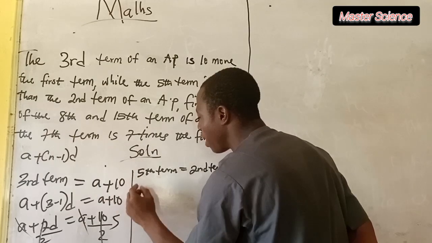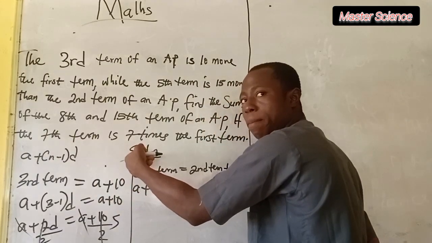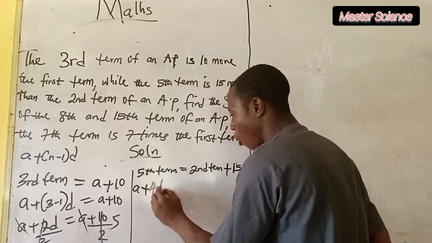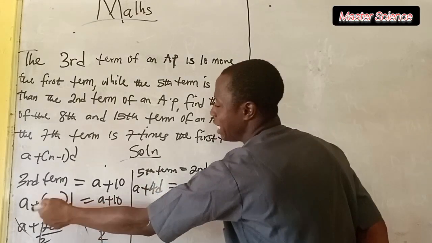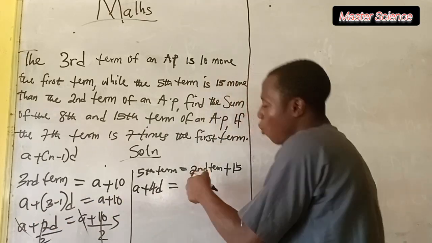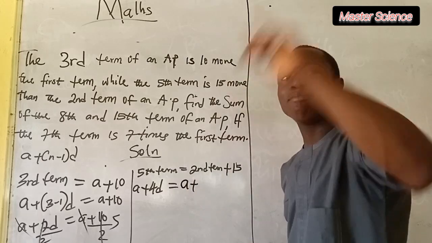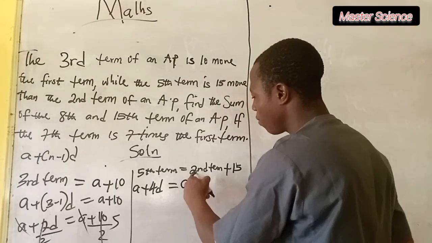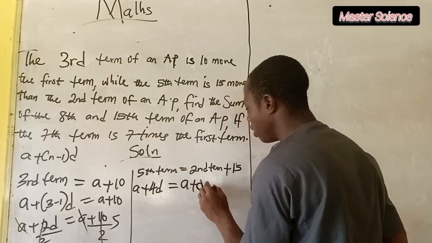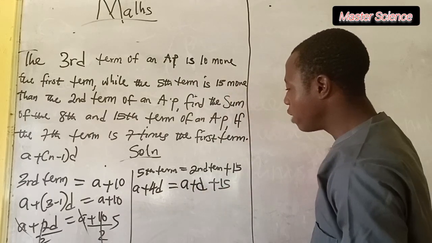From the formula, A plus (5 minus 1) D, which is A plus 4D. The second term is A plus (2 minus 1) times D, which is A plus D. So A plus 4D equals A plus D plus 15.